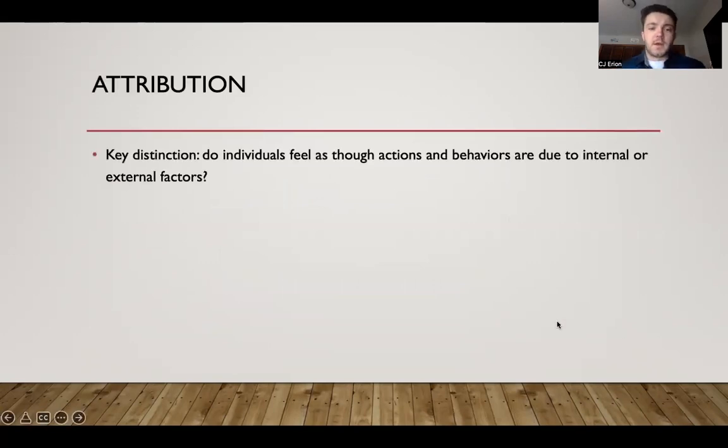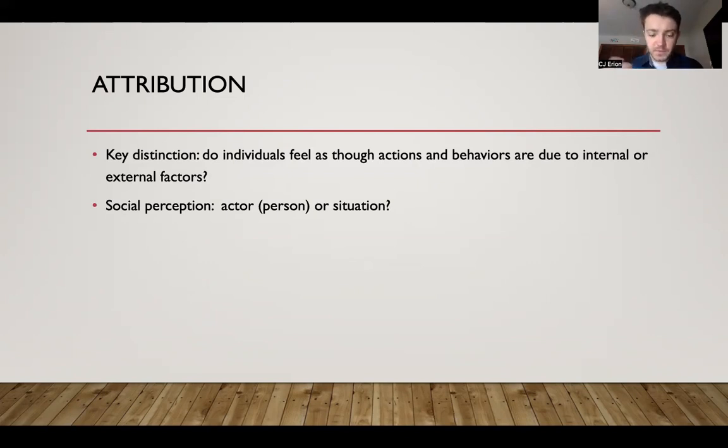So when we're talking about attribution, basically what we're doing here is we are researching, studying whether individuals are attributing certain behaviors to internal or external factors. And this is a social perception.